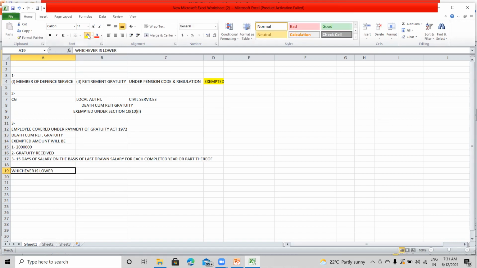When we calculate the exempted amount of gratuity, it will be the least of these three: 20 lakh rupees; number two, the amount of gratuity which is received; and number three, 15 days salary on the basis of last drawn salary for each completed year or part thereof.